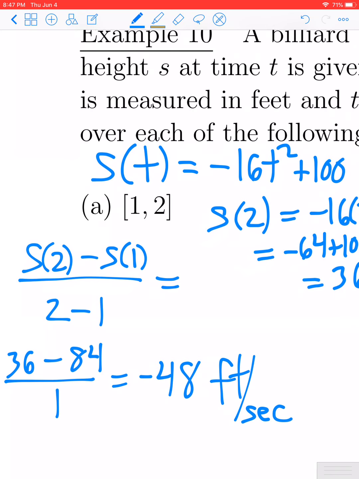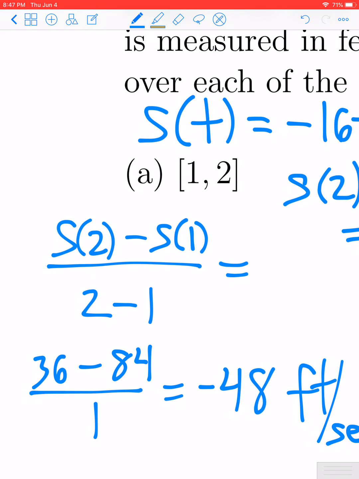The first thing we want to do is find the average velocity over the interval 1 to 2. That's the change in the distance divided by the change in the time, which can also be thought of as the final position minus the initial position divided by the final time minus the initial time.